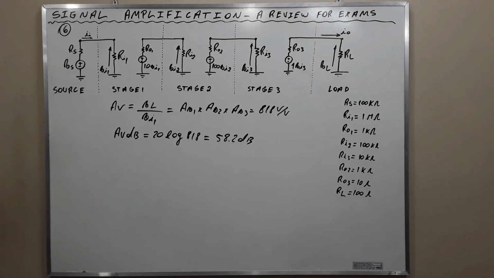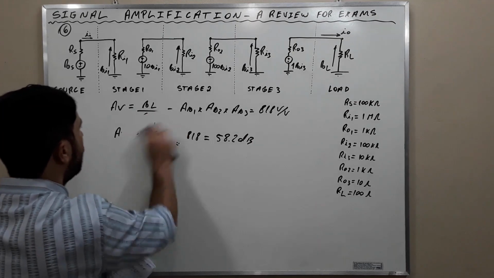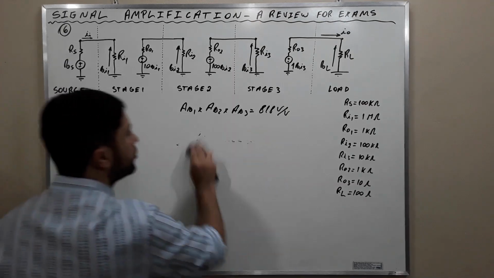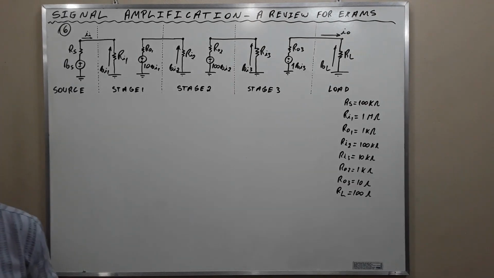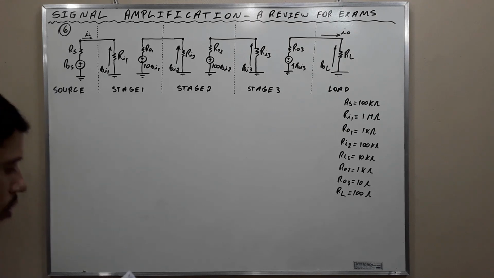Okay, now we are going to calculate the overall voltage gain, or the global voltage gain. The overall global voltage gain, that is from source to load, is also obtained by multiplication of the partial gains.